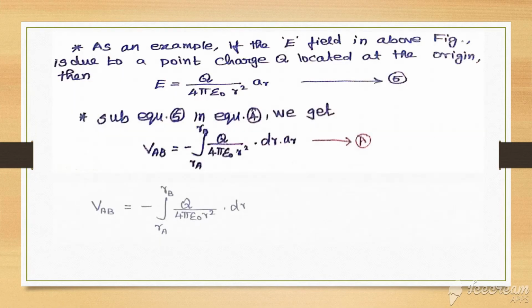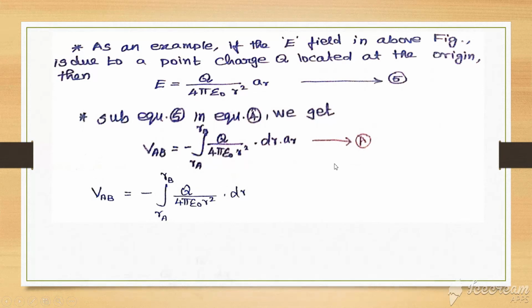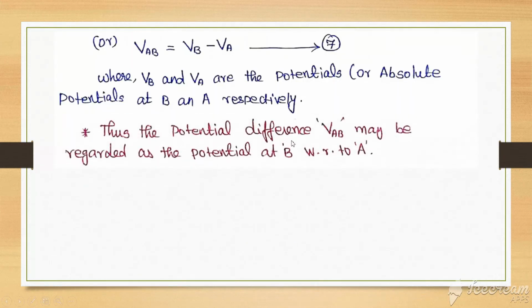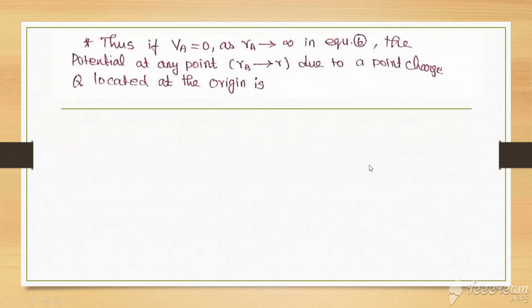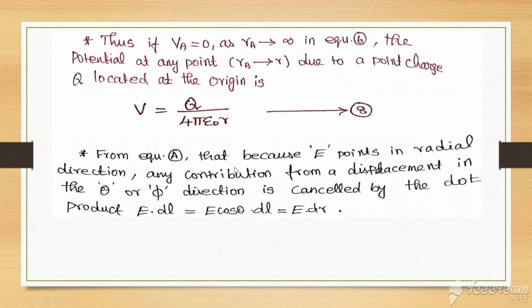Already we defined one of the equations as equation number A. Thus the potential difference VAB may be regarded as potential at B with respect to A. From equation A, because E points in the radial direction, any contribution of displacement in the theta or phi direction is cancelled by the dot product E dot dl, since we have only the radial line.